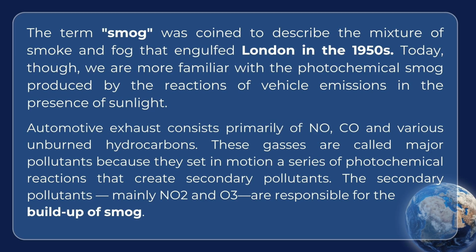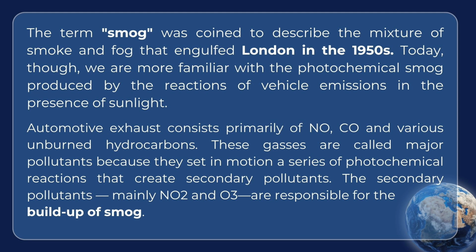Kaya mostly nangyayari ang photochemical smog sa urban area and cities kasi mas maraming sakyan at mas mainit ang panahon sa cities. For example na lang ng mga urban area and cities is Manila and Tuguegarao. Nangyari din siya mostly kapag traffic and summer season.